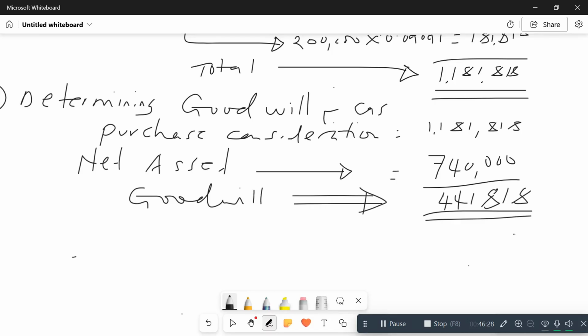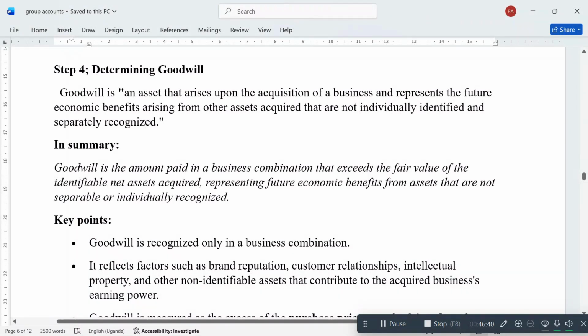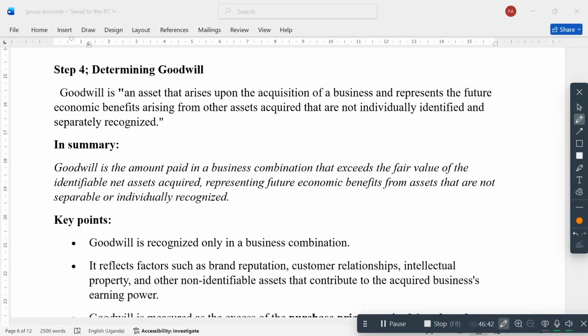Now you are paying for the net asset, items worth 740, but you are required to pay 1 million. The difference, that excess is for what? Let's go to our notes here. We are saying here in summary that goodwill is the amount paid in a business combination that exceeds the fair value of the identifiable net asset acquired. That's what I was talking about, that the net assets you are buying are worth 740, but you are required to pay 1 million.